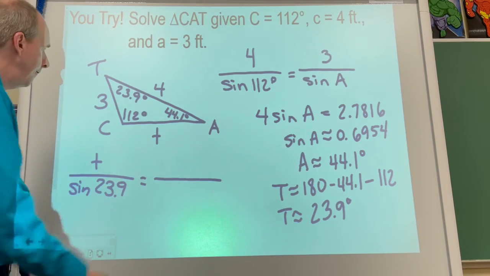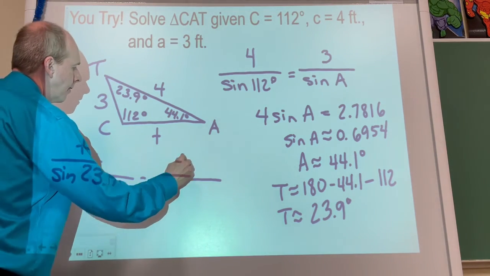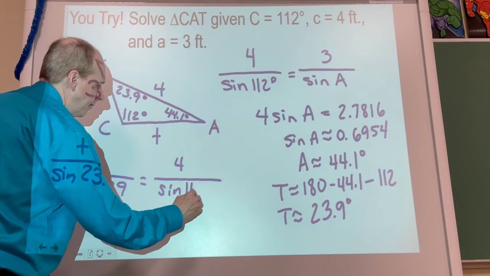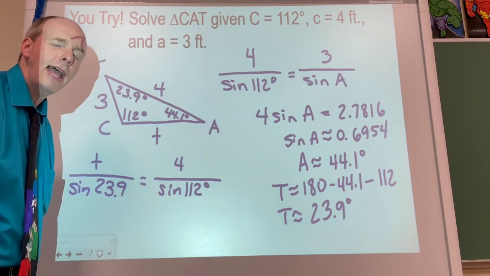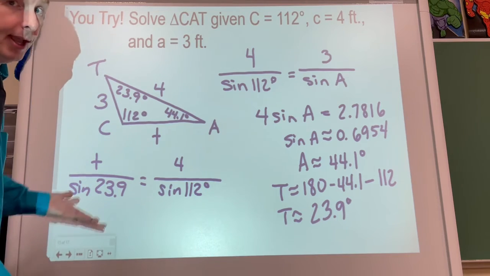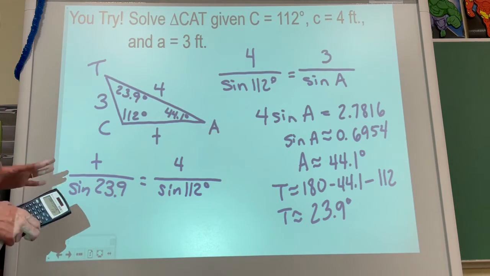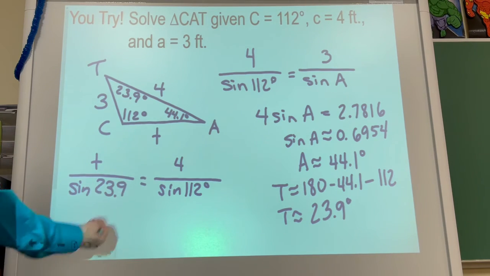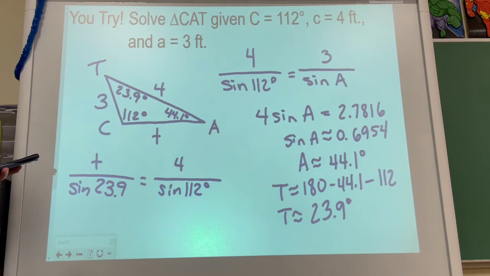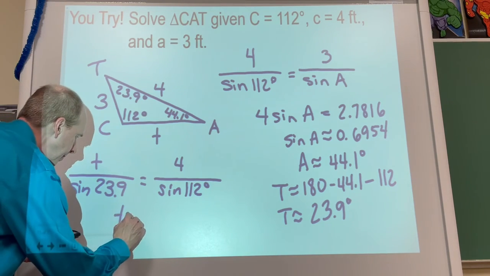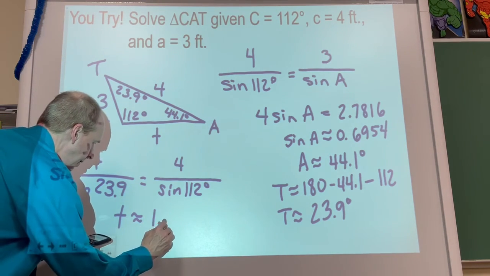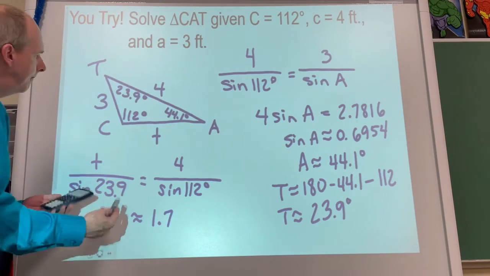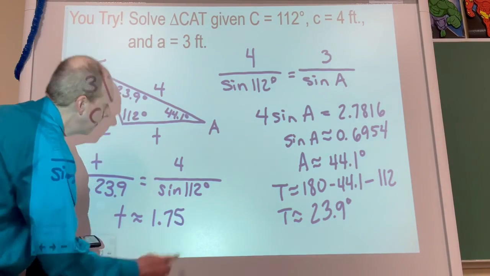I'm going to be even further off. So 4 over sine of 112 degrees. Yeah, I could make a mistake. It could happen. I could have goofed up. That's right. Anything's possible. I mean, with my age, woo-hoo. All right, cross multiplying. 4 times sine of 23.9 divided by sine of 112. So little baby t is about 1.75 feet.